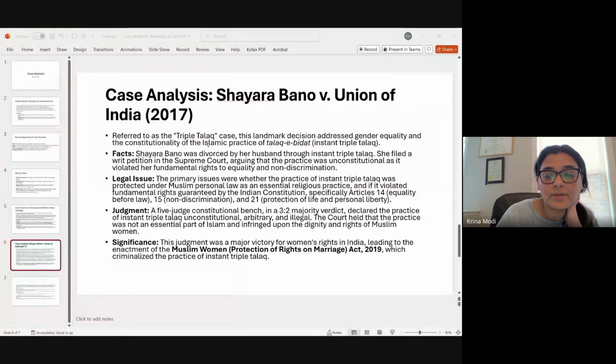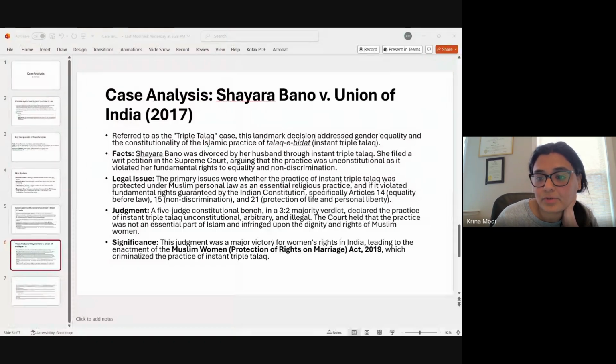So the judgment was a major victory for women's rights in India, leading to the enactment of the Muslim Women Protection of Rights of Marriage Act 2019, which criminalized the practice of instant triple talaq.